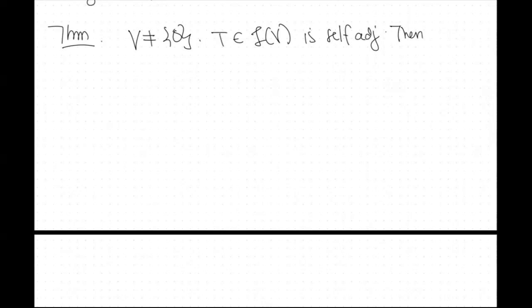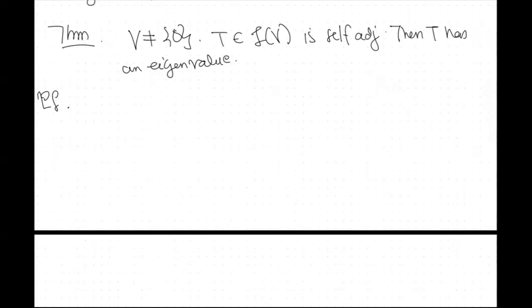If V is not the trivial vector space and T is a self-adjoint operator on V, then T has an eigenvalue. So we now prove this.